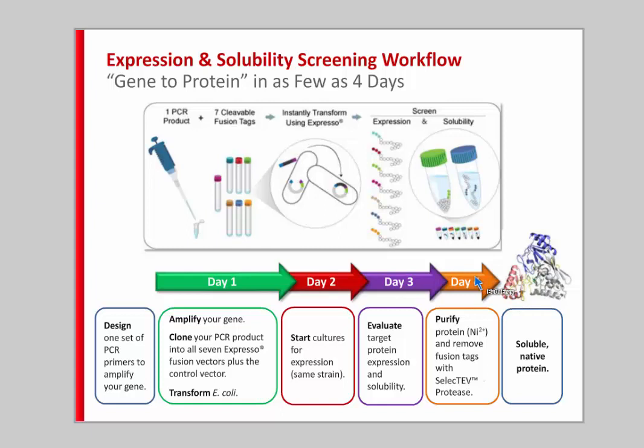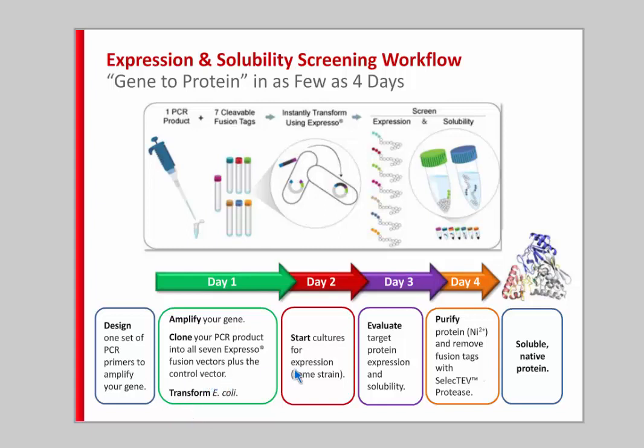And first, one set of PCR primers is designed to amplify your target. And then the gene is amplified once, and that single PCR product is cloned into all 7 of these Expresso vectors in parallel, plus the control vector. So 8 cloning reactions. And after this transformation and the cells are plated, this all happens on day 1.